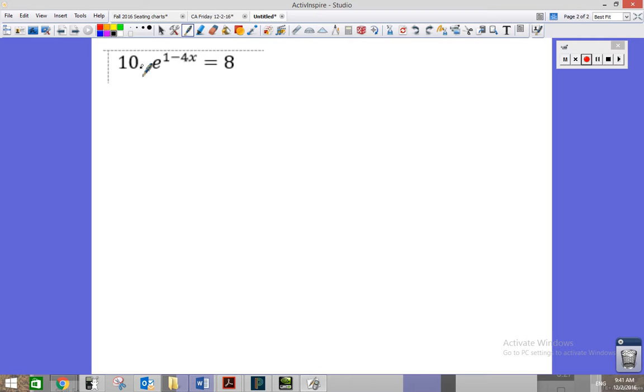Now here already, the term that has my variable is by itself, and I can't get the x by itself without using properties of logarithms, and the inverse of an exponential function is a logarithmic function. Since the base is e, I'm going to take the natural log of each side.